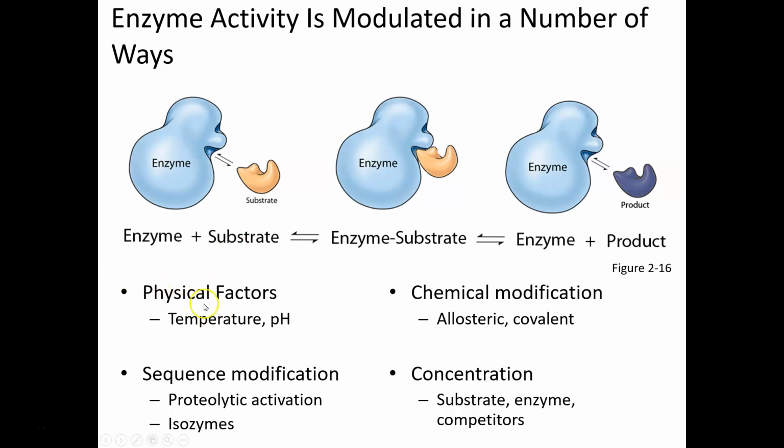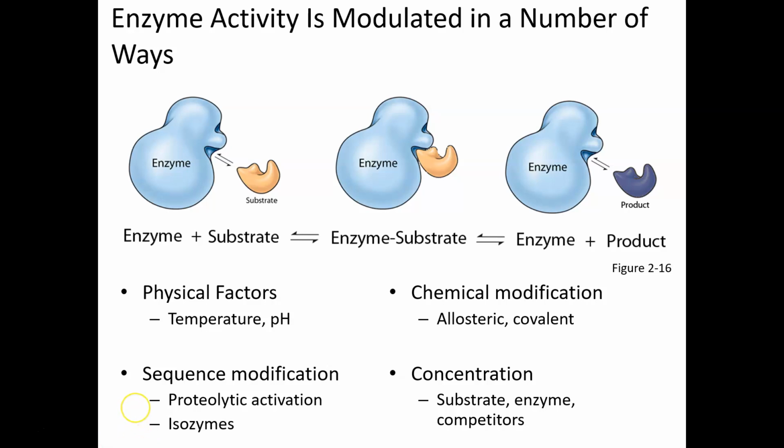One is physical factors. So temperature and pH can change enzyme activity, speed it up or decrease it depending on what's going on. Sequence modification. We have what is called proteolytic activation. So again, most enzymes are proteins, and when they first get released, a number of those are fairly inactive. And it's not until we chop off a section of the protein that it becomes more active. We also have isozymes. Iso means the same, zyme refers to enzyme.